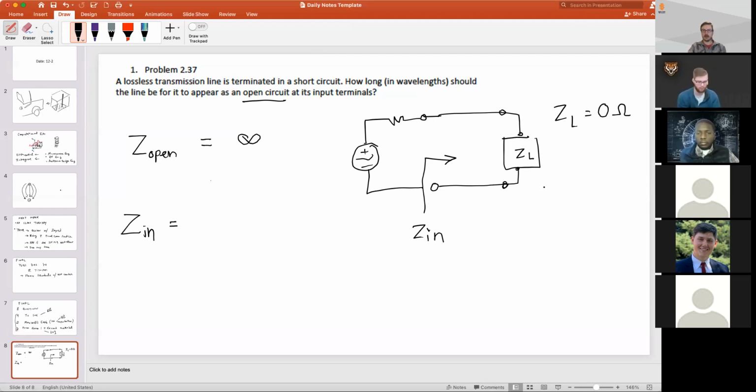Okay, so we have the load equal to 0, but we want to know what this length is so that it appears like an open circuit at the input terminals. These are the input terminals, so we're looking into this and we want it to appear as an open circuit. If we want that, what would Zin be?